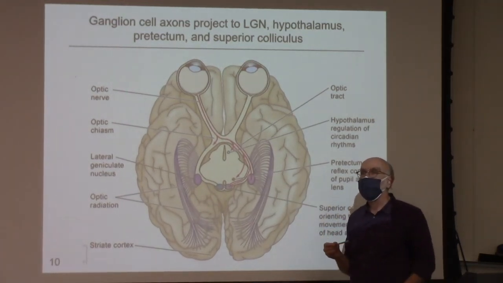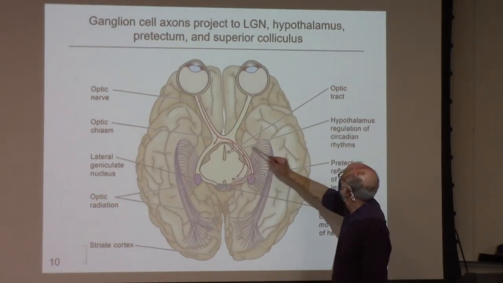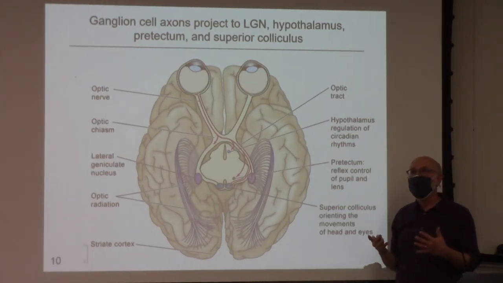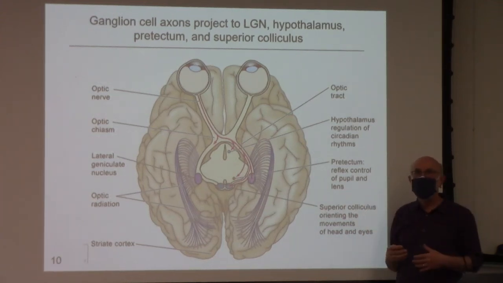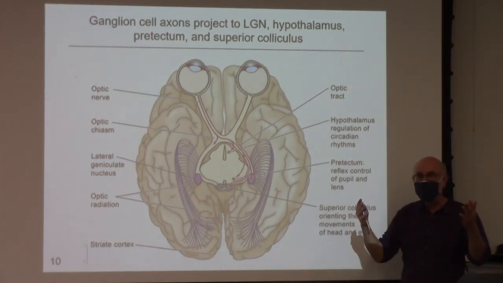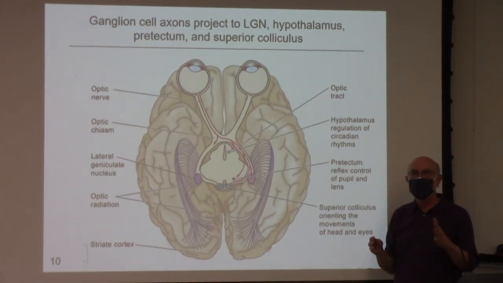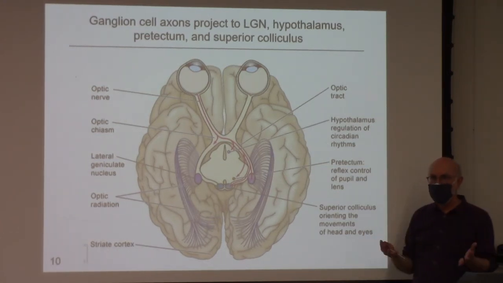But you know, we do other things with light. So some of that information goes to the hypothalamus and starts to regulate our day-night cycle, right? No, we tend to be awake during the day, and we tend to be asleep at night. Generally, most of you violate that to some extent, but we evolved to be awake during the light and to be asleep during the dark.